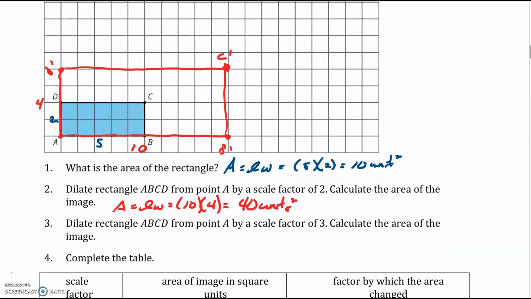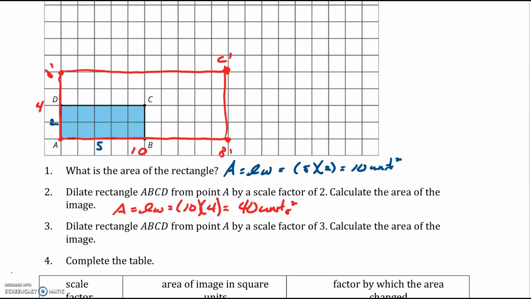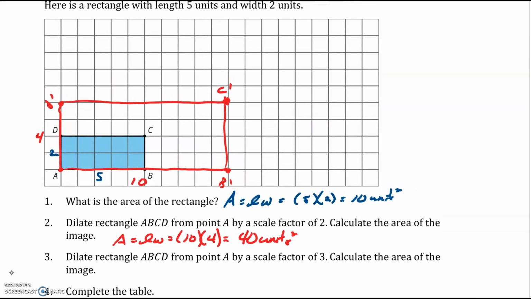Okay, moving down. What we want to do is dilate this rectangle now by a scale factor of 3. So that means it's 3 times as far away. D triple prime will now be 6 units away from A, and B triple prime will now be 15 units away. So there's B triple prime, 15 units away.